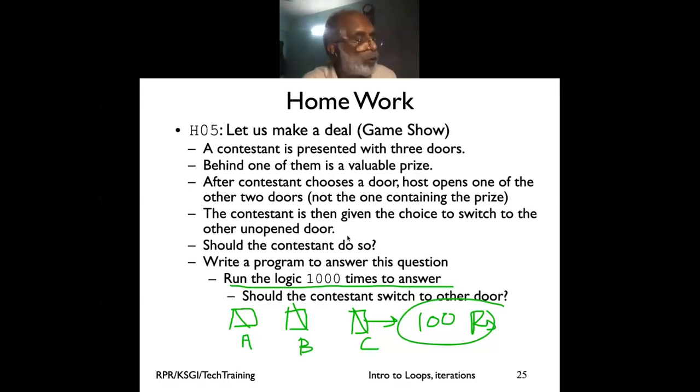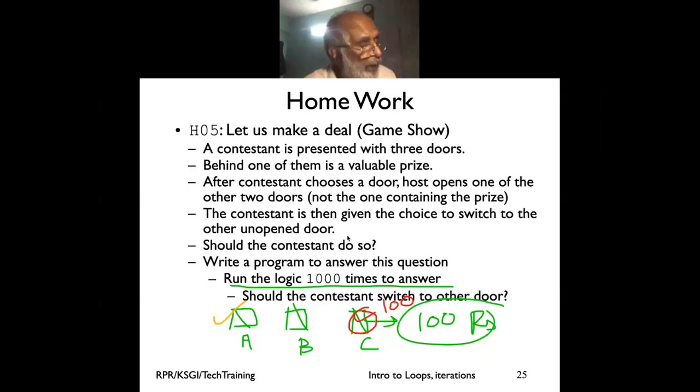I give you a choice, pick a box. If you pick a box and the box has money, you get it. If you don't pick that box, you lose. You don't get it. The question is, let's say you pick a box, assuming that the money is in box C. This has 100 rupees. Now, if as a player, you happen to choose box A, but the box is not opened yet.